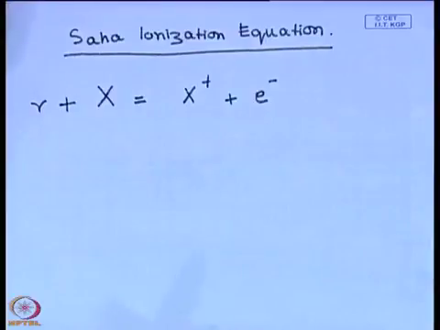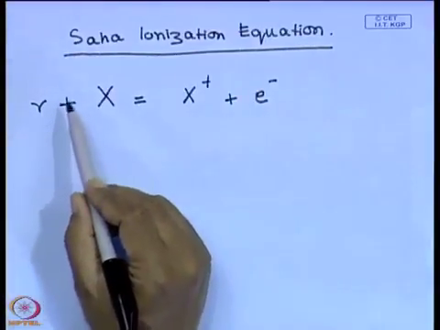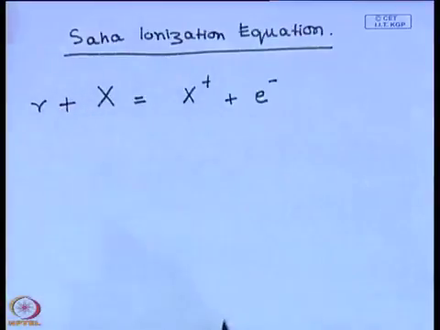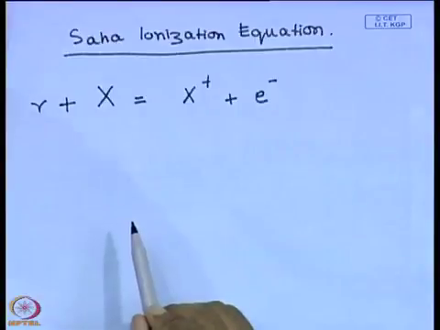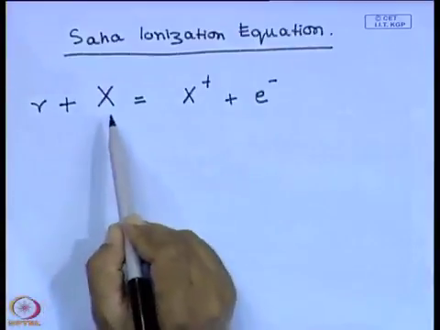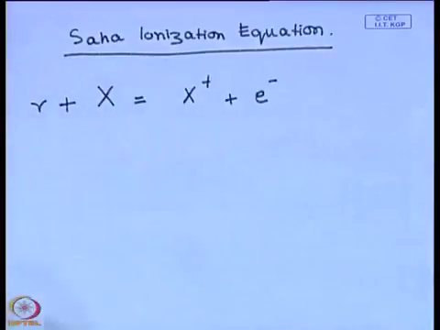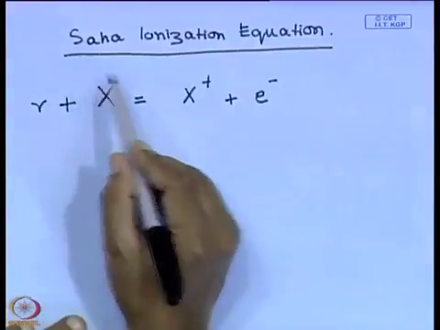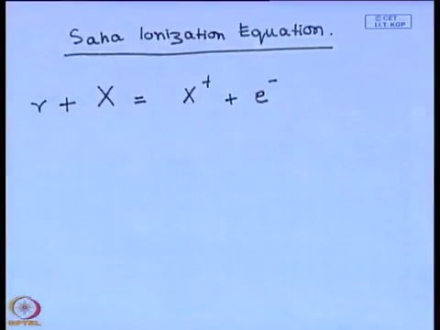And the question that we are interested in is that if I have the whole thing in equilibrium at a temperature T with certain density rho, or number density n, then what is the fraction of the atoms that is ionized? And this is governed by Saha's ionization equation, which was worked out first by Meghnad Saha.